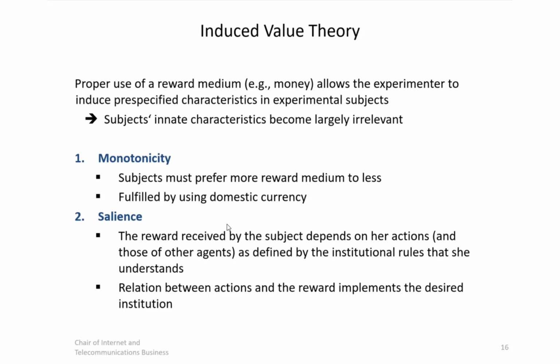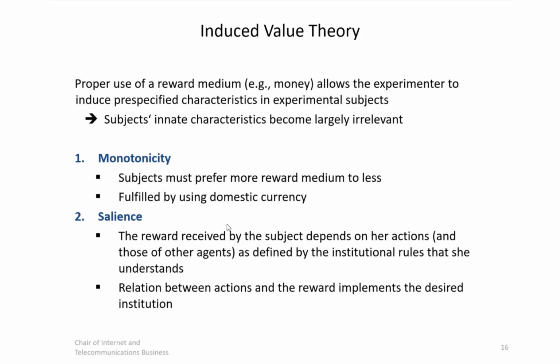So there are three important points of induced value theory. First is monotonicity. It means that when you offer a reward medium to subjects, they should prefer more to less. That means they should prefer more money to less money. This can simply be done by using the domestic currency of a country. The more money you have, the happier you are, because you can choose to buy what you want.